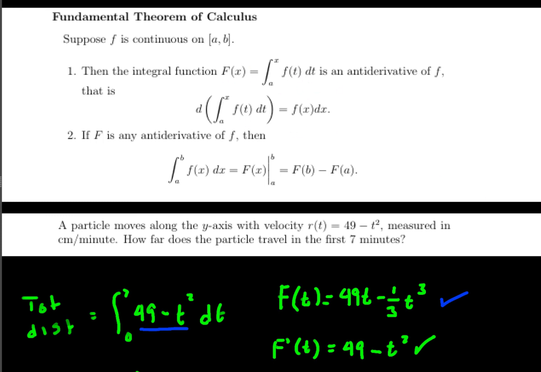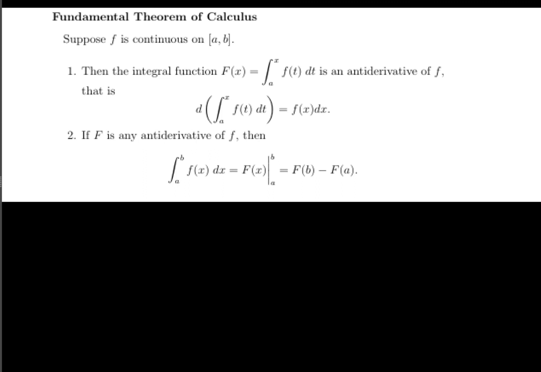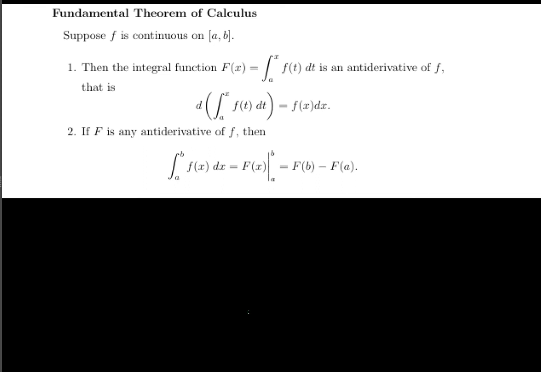So let me clear my board and just explicitly take the derivative of the integral function. So let's say that f of x, our integral function, is the integral from 3 to x of sine squared of t with respect to t.